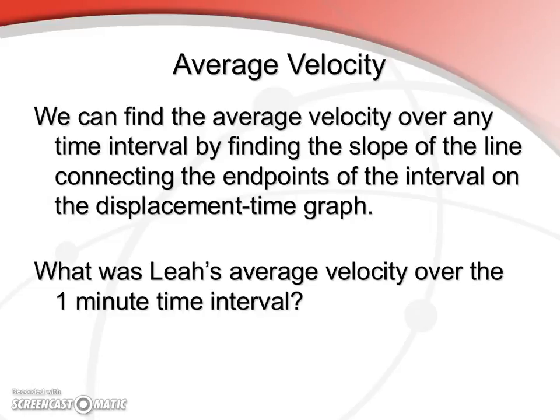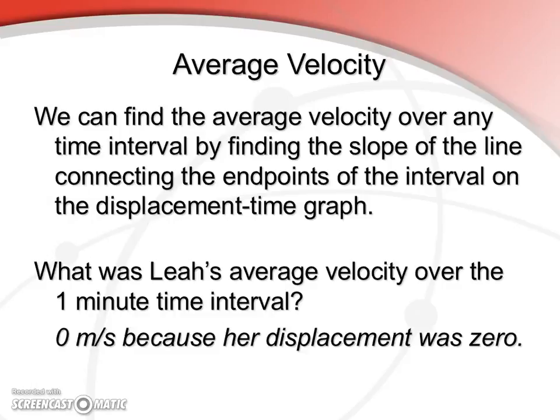So please go ahead and determine the average velocity over the 1 minute time interval. And hopefully you got 0 meters per second. Since the displacement was 0, that divided by the 60 seconds is 0 meters per second.